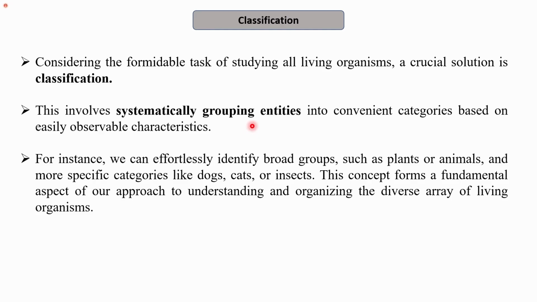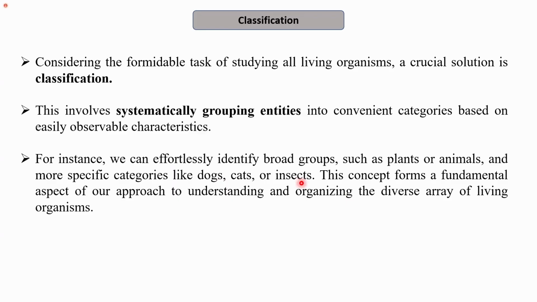For example, we can classify different broad groups, such as plants and animals, and then move to more specific categories like dogs, cats, or insects. This forms the fundamental aspect of our approach to understand and organize the diverse array of living organisms.